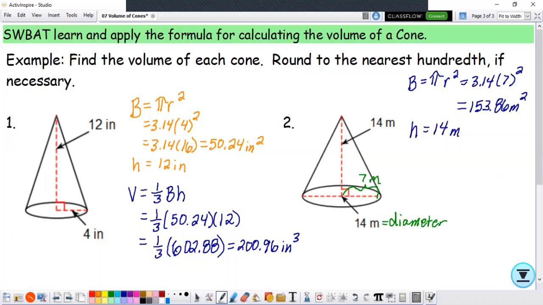So our volume is going to be 1/3 of the area of the base times the altitude or height of the cone.